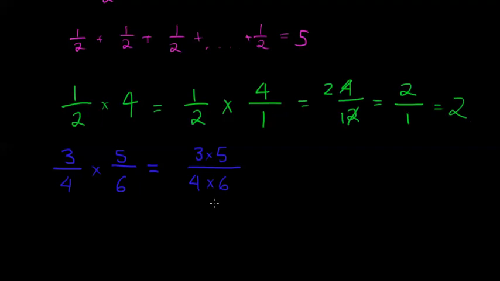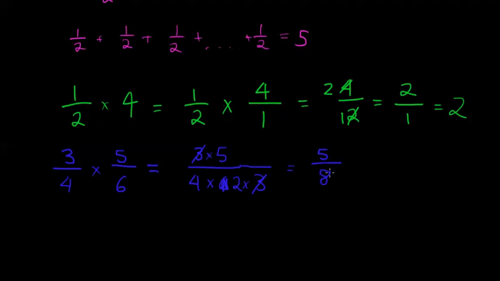But I just want to show you something before we finish up: this 3 is a factor in the numerator, and the 6 here can be written as 2 times 3. In other words, there's also a 3 in the denominator. So that 3 and that 3 can cancel, so that my answer is in the end only 5 over 8.